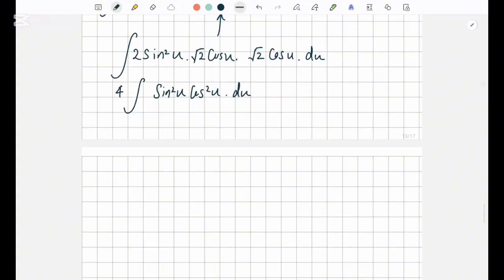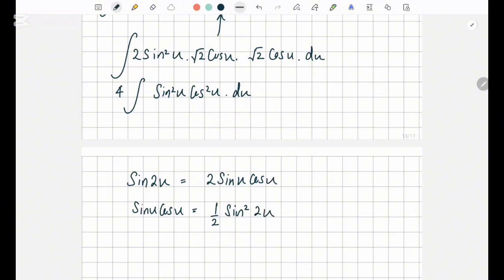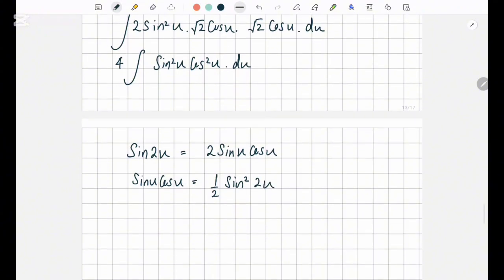Right, now sine 2u equals 2 sine u cos u, right? So sine u cos u equals half sine 2u.